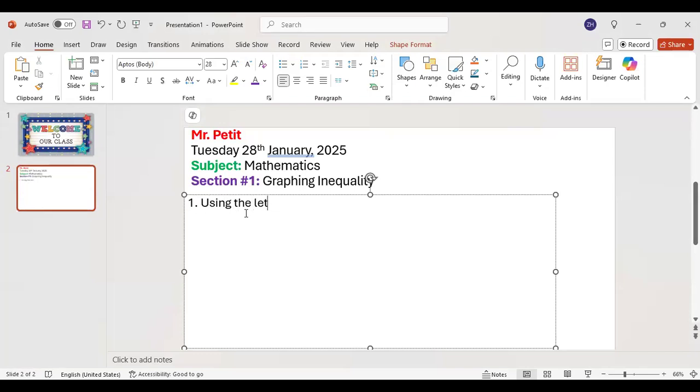When you hear X, we're talking about the variable X. Using the letter X, we want to write the inequality for the graph below.